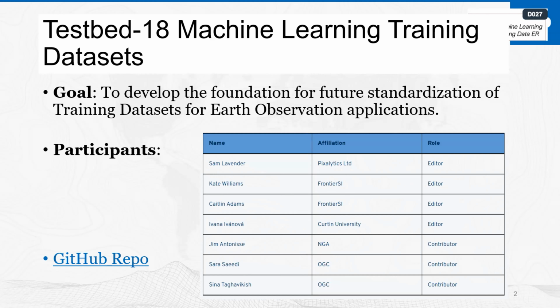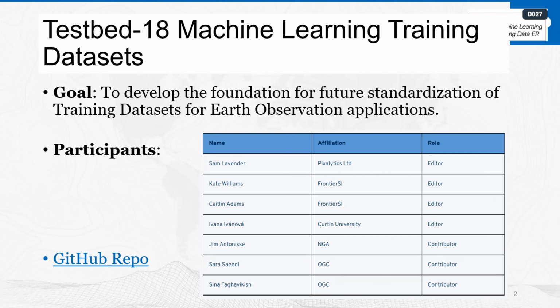We were invited to collaborate on task 27 on machine learning training data sets to do a little exploratory research on current requirements for training data sets and current options in existing standards to cater for those requirements.